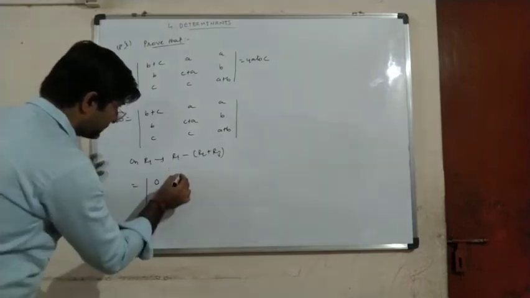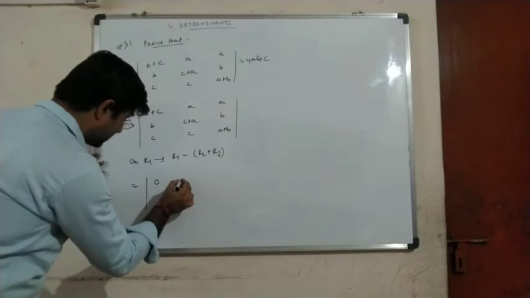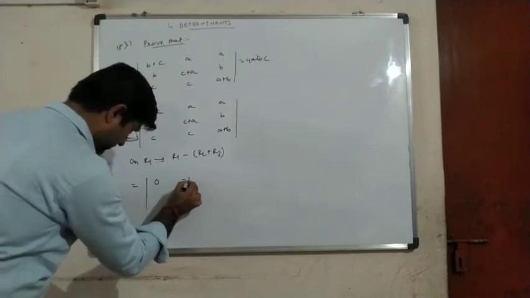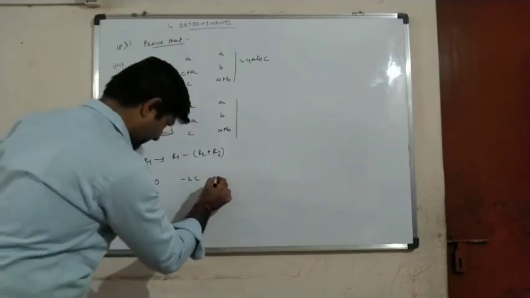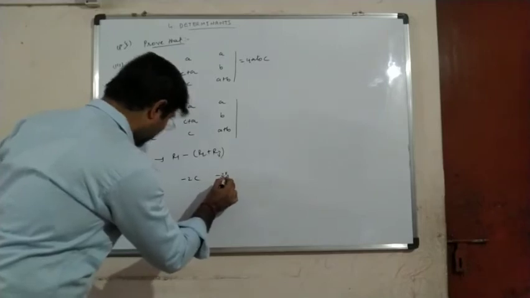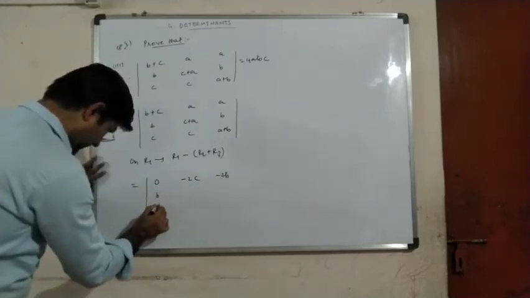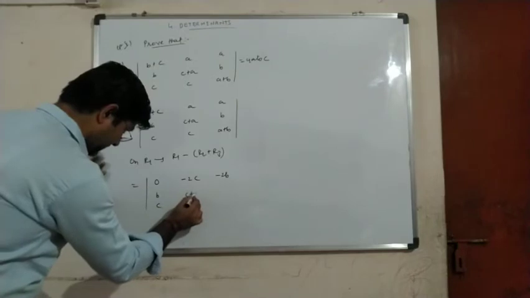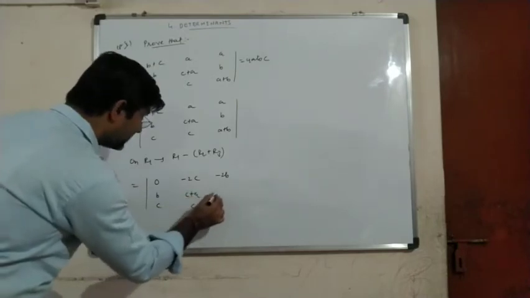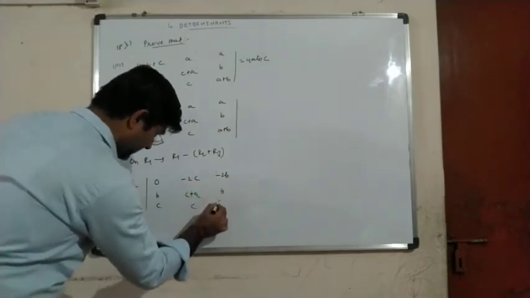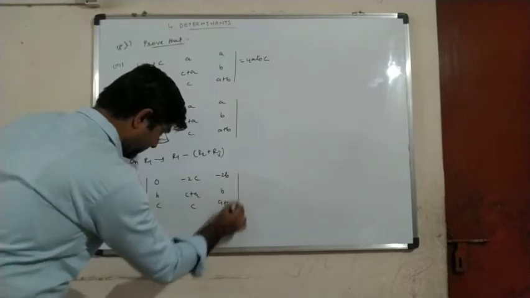Okay, here minus 2c, and over here minus 2b we will get. Now b, c, c plus a, c, b and a plus b.